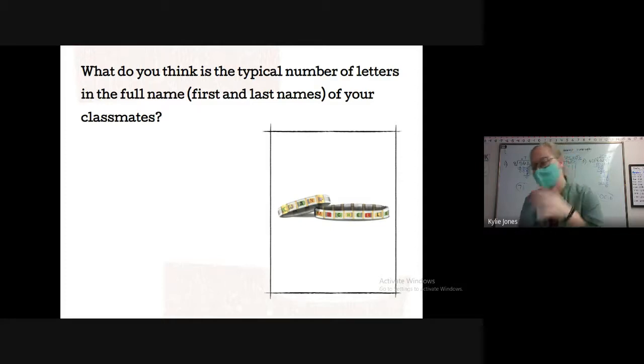Okay, so figure out how many letters are in your first and last name combined. We at least all have 12 letters or more.